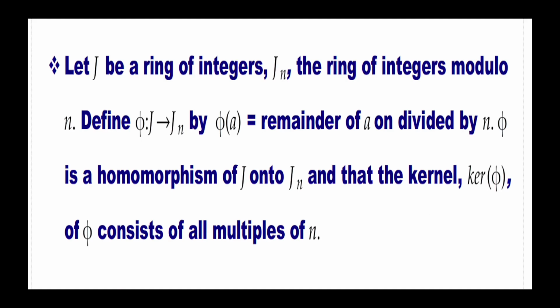Let J be the ring of integers, and Jn the ring of integers modulo n. Define phi from J to Jn by phi of a equals the remainder of a on division by n. Phi is a homomorphism of J onto Jn and the kernel of phi consists of all multiples of n.